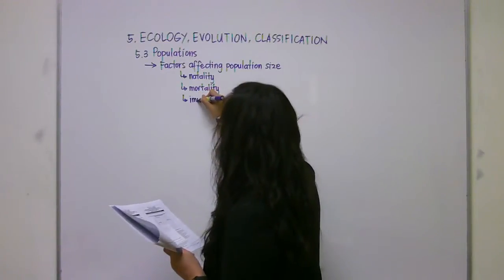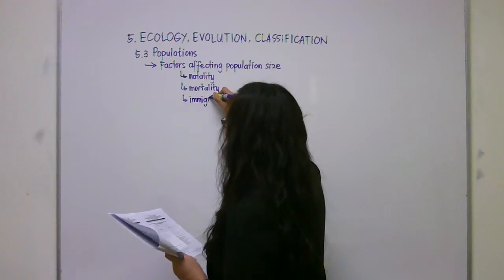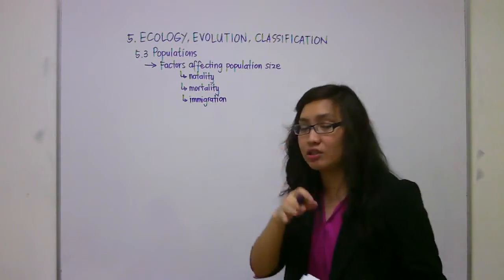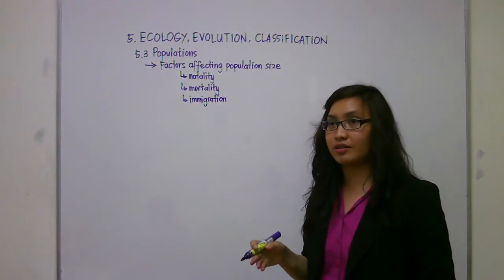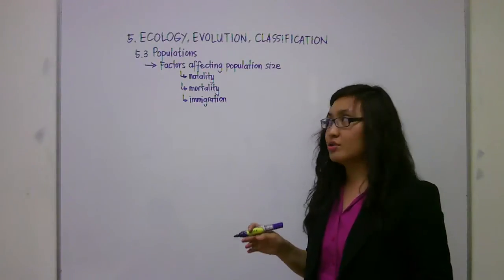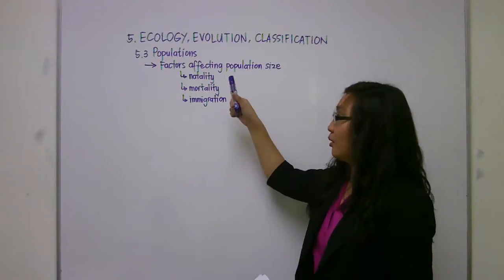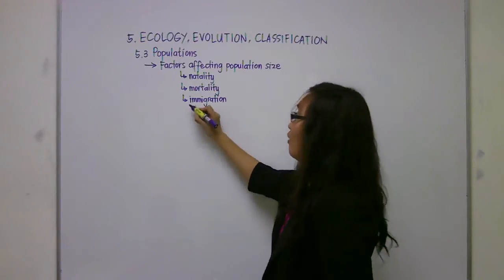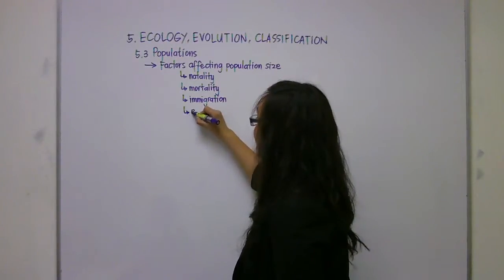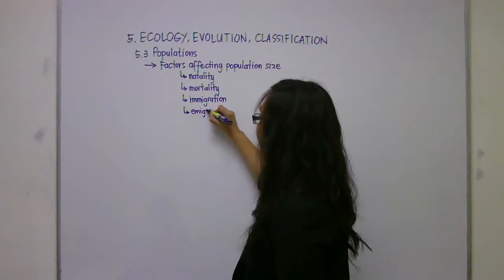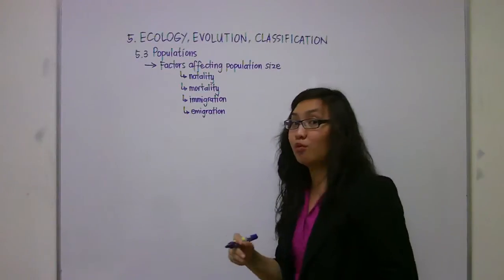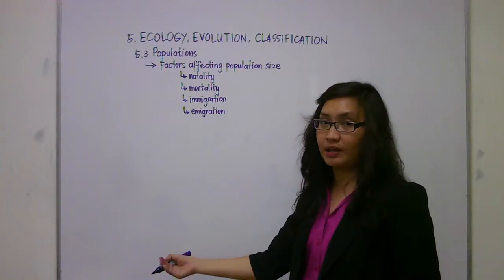We also have to discuss immigration. Immigration is the number of individuals that are moving into a certain area or a certain land area. So both natality and immigration are increasing population size, while emigration is the opposite, wherein emigration is the number of individuals that are moving out from a certain area.